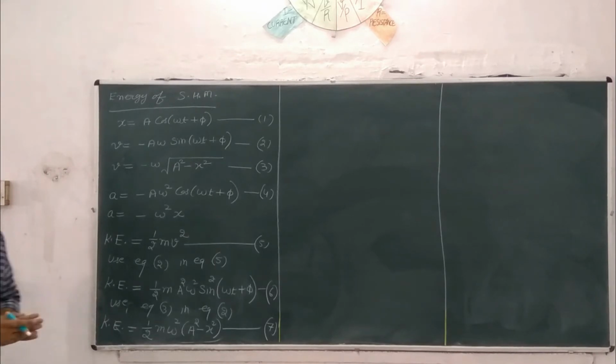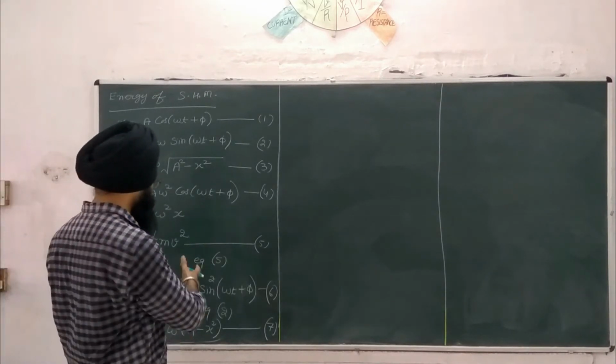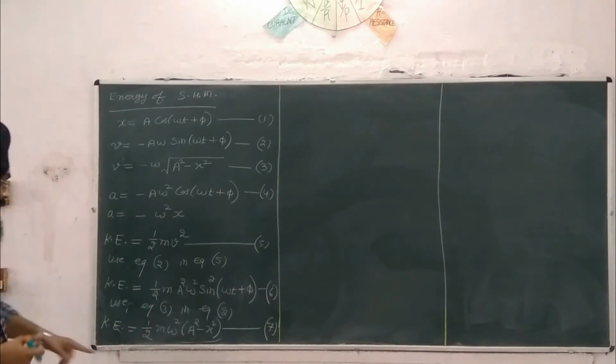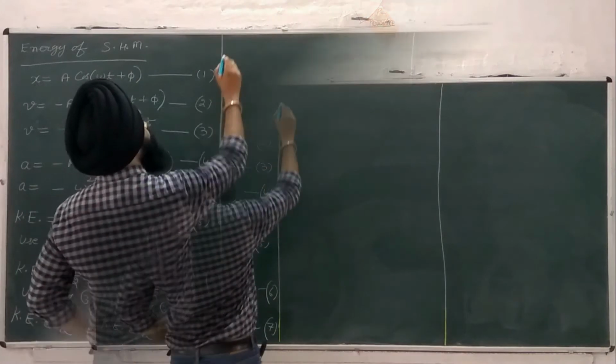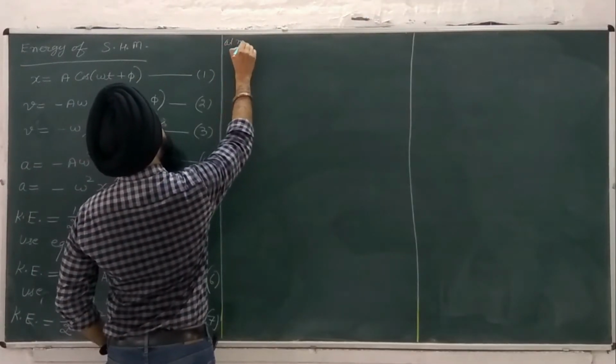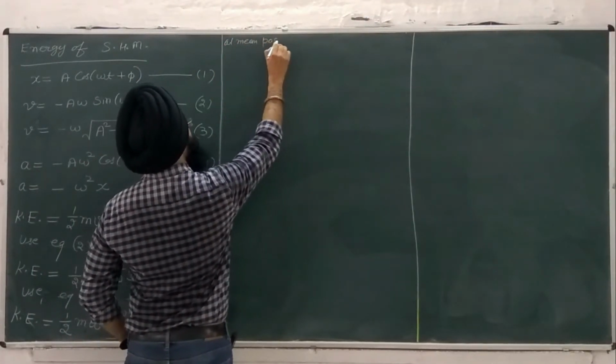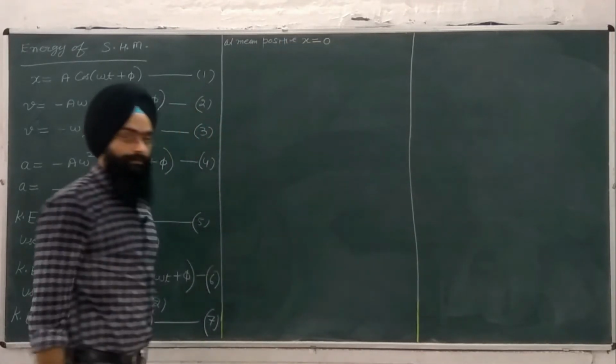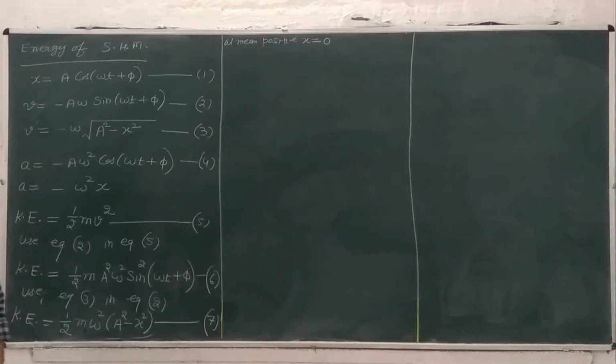We can discuss this kinetic energy for the mean position as well as for the extreme position. At mean position, if you remember, the velocity was maximum. If the velocity is maximum, obviously kinetic energy will also be maximum. We can check it out.